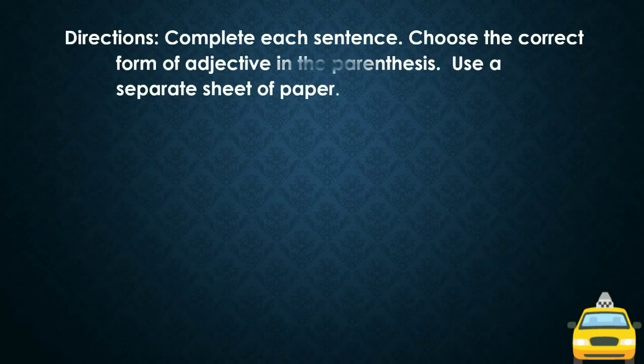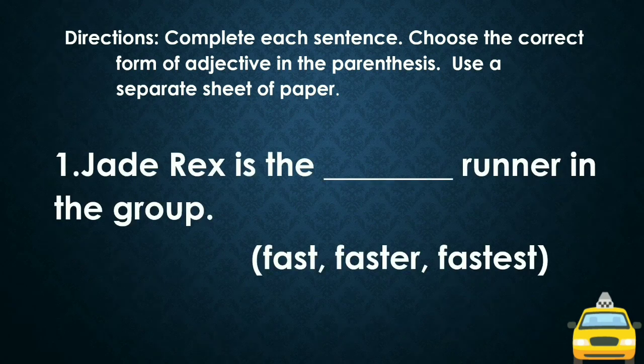Very good. Children, let's try to answer the activity. I'm sure you'll learn more about adjectives because you listen to me. Directions: Complete the sentence. Choose the correct form of the adjective in the parentheses. Use a separate sheet of paper. Ready?